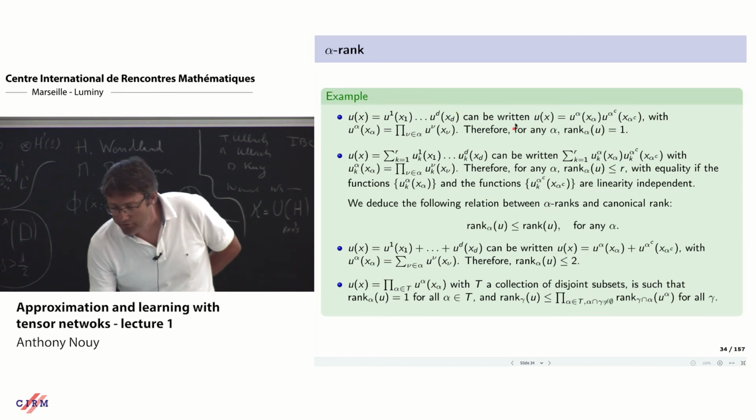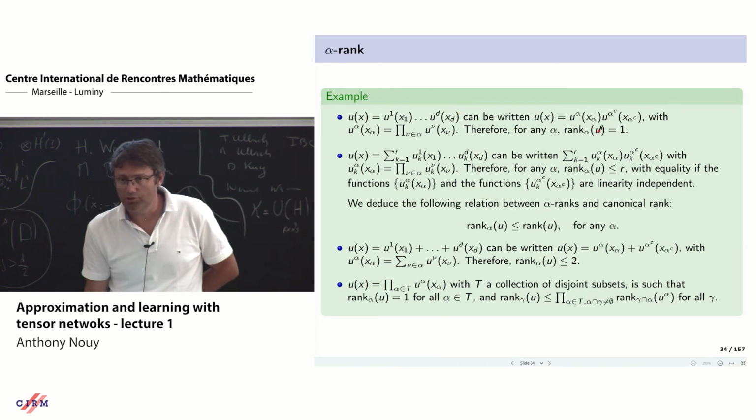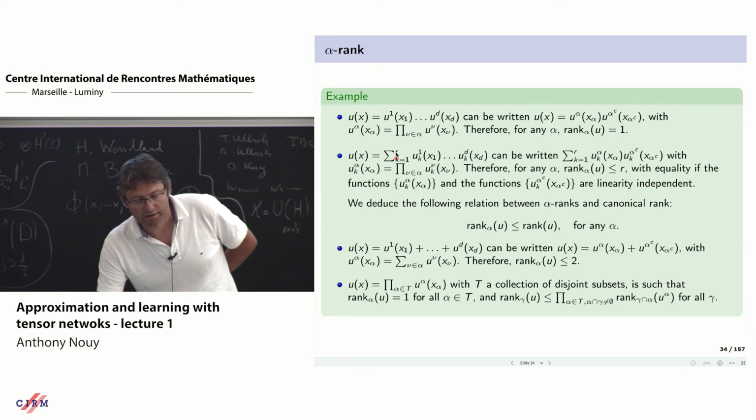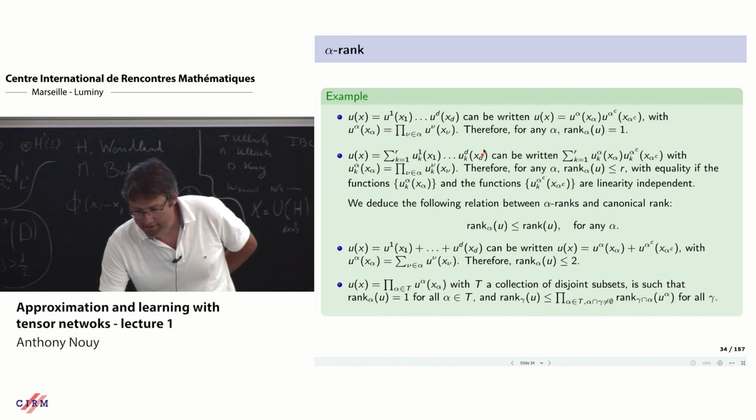So therefore, the alpha rank of u is also equal to 1 for any group of variables alpha. If I take this function with a canonical rank bounded by R, it's a sum of R elementary tensors.